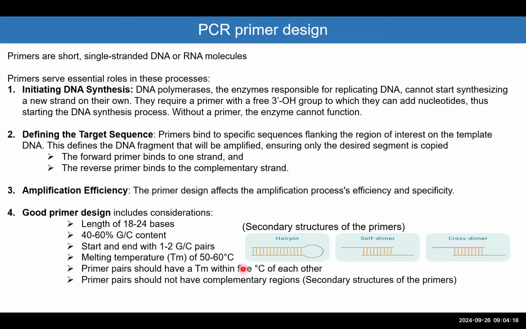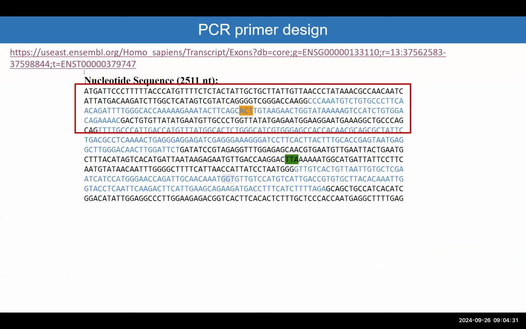You don't want to have more than 5 degrees difference between the 2 primers, because each time you need to design 2 primers, right? One from the right, one from the left, and avoid these secondary structures.